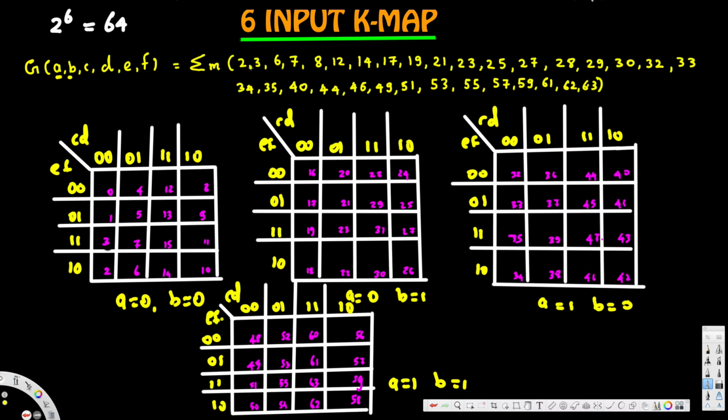Now let's look at the locations where we have 1. They have provided 1 at 2, 3, and let's use a different color. Let's use this one.